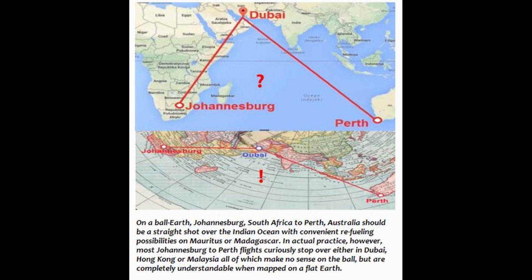Then here we have just Johannesburg, South Africa, and Perth, Australia. It makes a stop in Dubai, but if you look at it on this flat Earth AE map, it's more of a straight line.